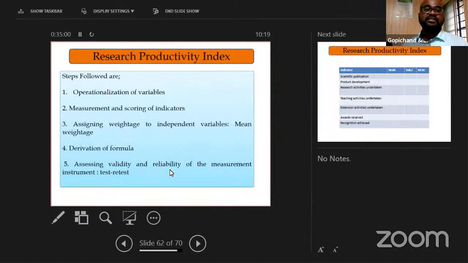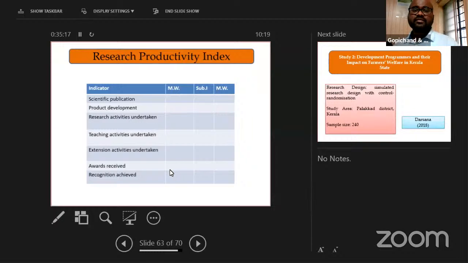The steps followed are operationalization of variables, measurement and scoring of indicators, assigning weights to independent variables by mean and weightage, derivation of the formula, and validity and reliability by test-retest method.